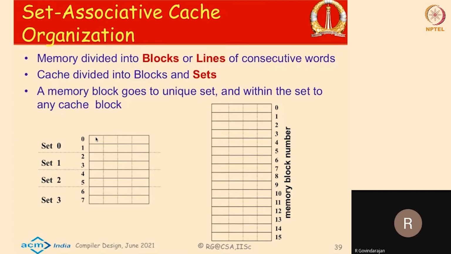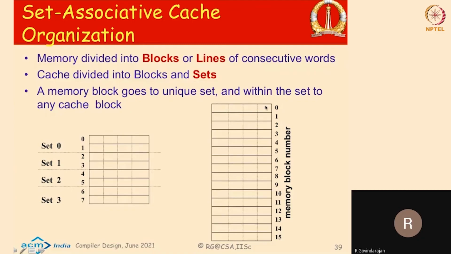So you can actually think of set associative organization as the most generic cache organization, and then think of a direct mapped cache as a restricted form in which each set has exactly one block, or a fully associative cache organization where you have only one set and all the blocks are in that particular set. Okay, so what happens is that the memory blocks are brought into the cache, and when they are brought into the cache, they are brought in as consecutive words.